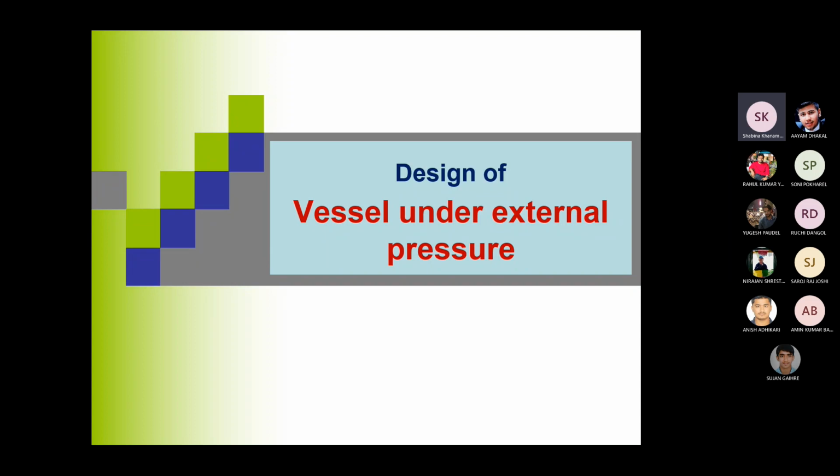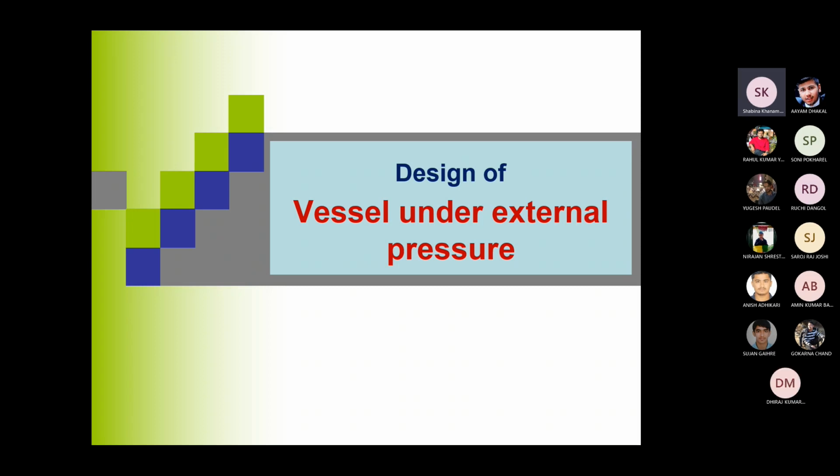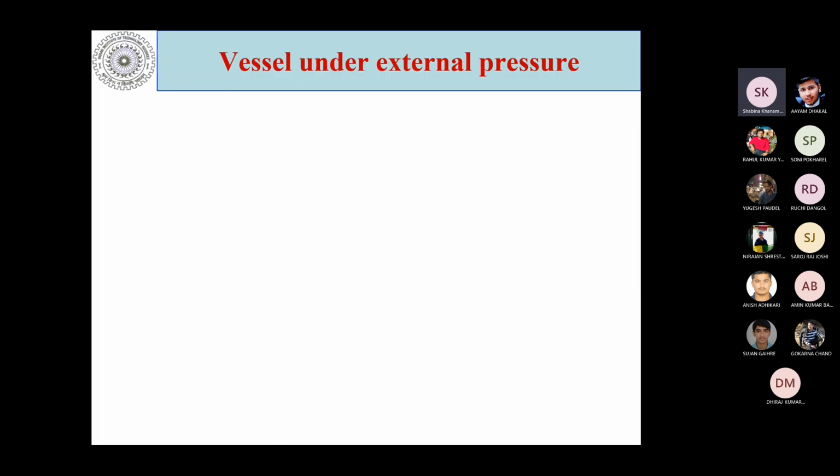In that design we have covered the thickness of shell, thickness of support, and the bearing plate thickness, and whether anchor bolts are required or not, along with the number of bolts that will be required. So that was about the tall vessel, and considering internal pressure design, almost all parts we have covered except the support.